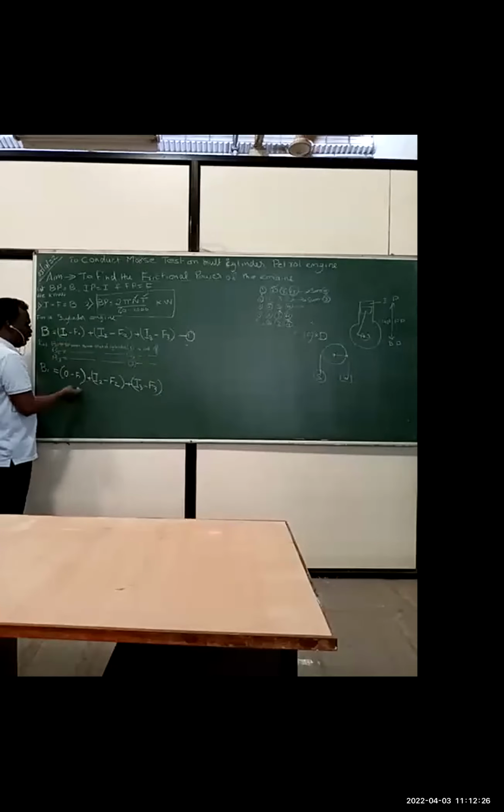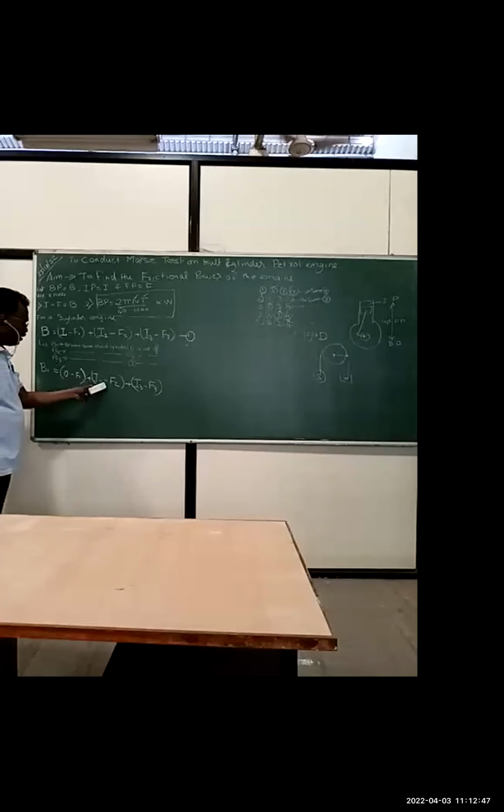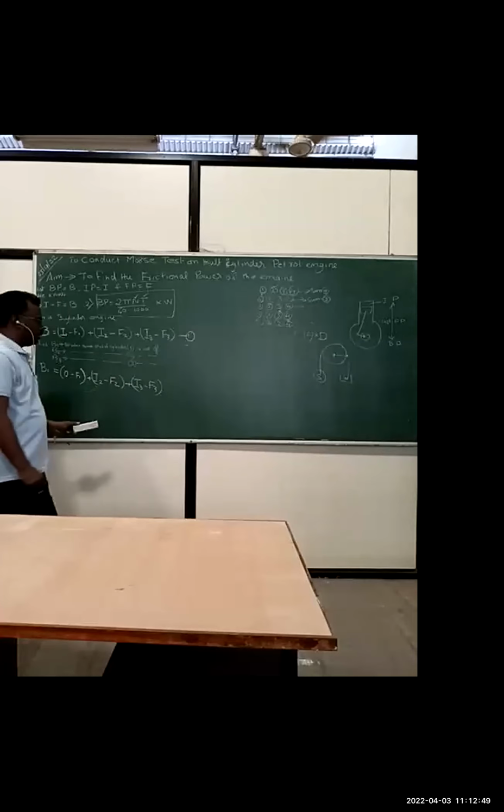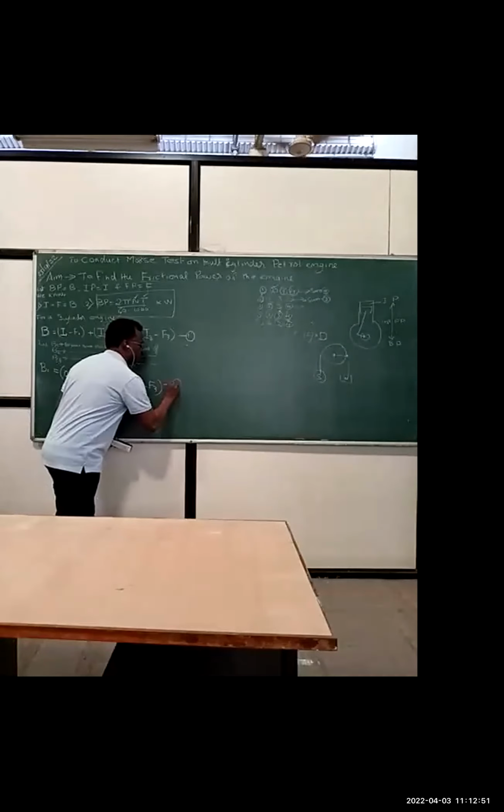Piston is going to move up and down, and therefore friction is going to be there, and therefore F1 is there. So even though we don't have power produced because of the cutting of the spark, there is still F1 present inside the cylinder. So now this equation has been changed to B1 = 0 minus F1, I2 minus F2, I3 minus F3. Let this be equation number 2.